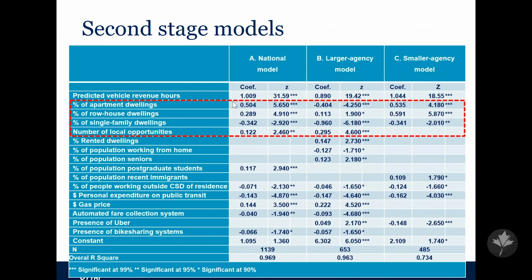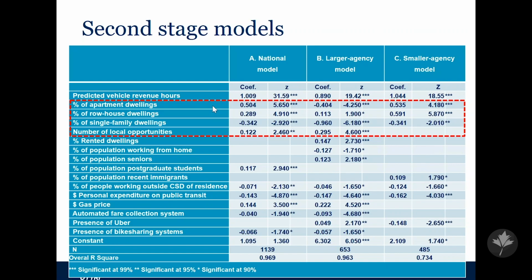With respect to the built environment factors, we've seen a positive association between ridership and the percentage of apartment dwellings. Service areas that have a higher percentage of apartment dwellings have higher ridership, and this is an indication of higher density, which we all know results in higher ridership.